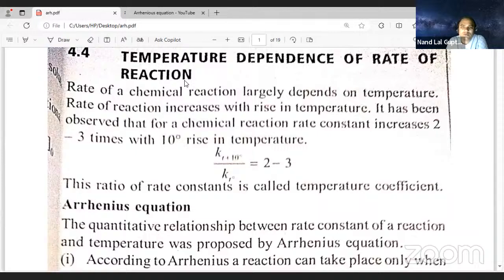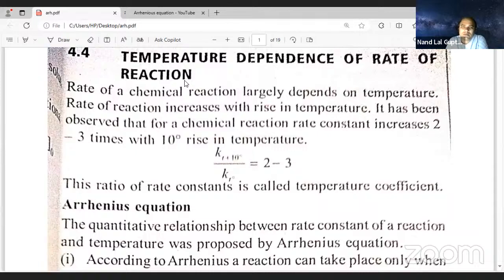Suppose here the initial temperature is 0 degrees. If you increase it by 10 degrees, the final rate is going to be 2 times this one.